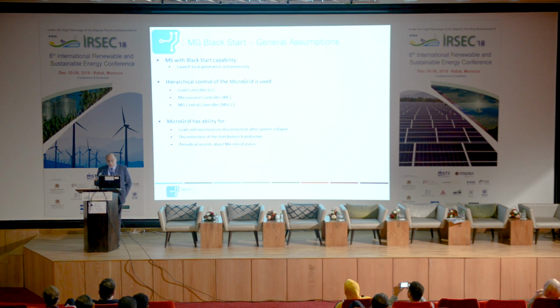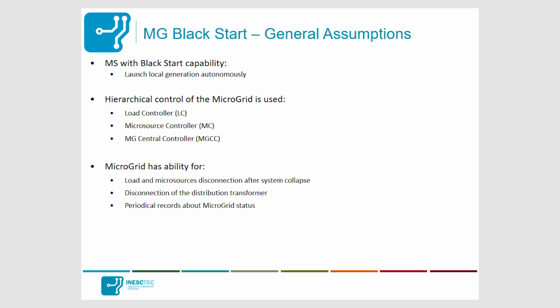Then we have a hierarchical control that is going to send set points to the load controllers and to the microsource controllers, and so the microgrid also has the ability to deal with disconnection after system collapse. This is extremely important because when the system fully collapses, what is required is that all loads should be disconnected.